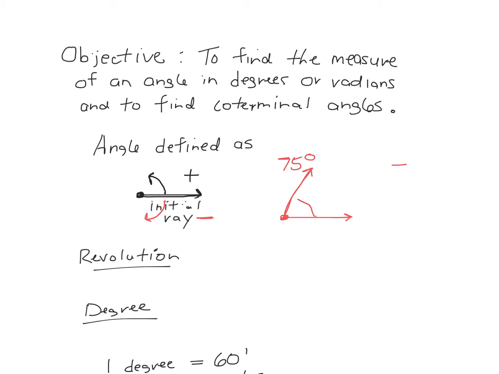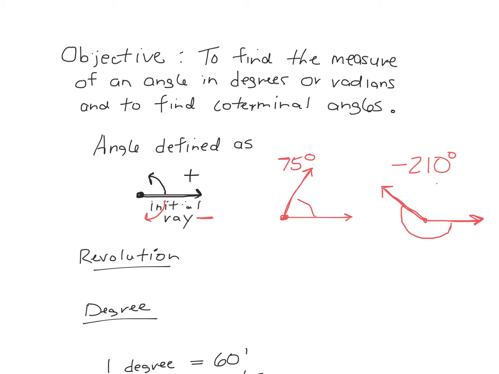If I wanted an angle of negative 210 degrees, I would start in this initial ray position and rotate in a clockwise direction. This would be 90 degrees, 180, and then another 30 degrees. So a negative 210 would be represented by an angle in this position.